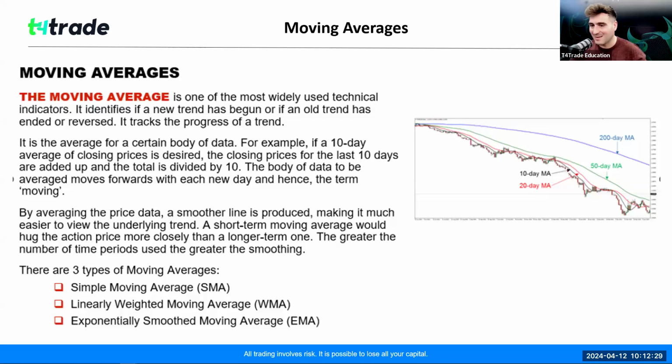Please digest this. Moving averages are the average of a certain body of data. This is a crude way of looking at things, but it's a more simplistic and accurate way of understanding moving averages. What you do is compile information about an X period of time. For example, in this case, we're talking about a 10-day moving average of closing prices.